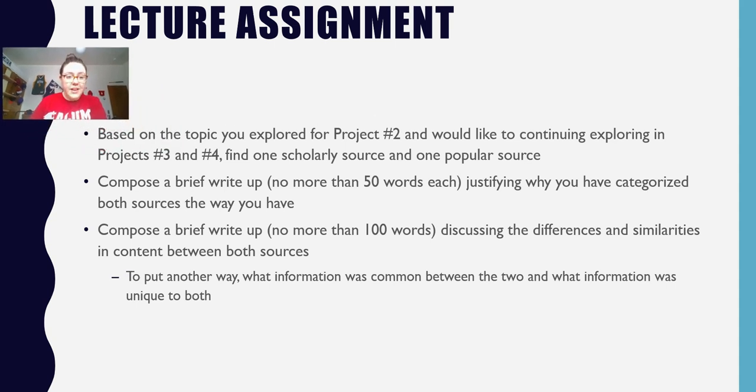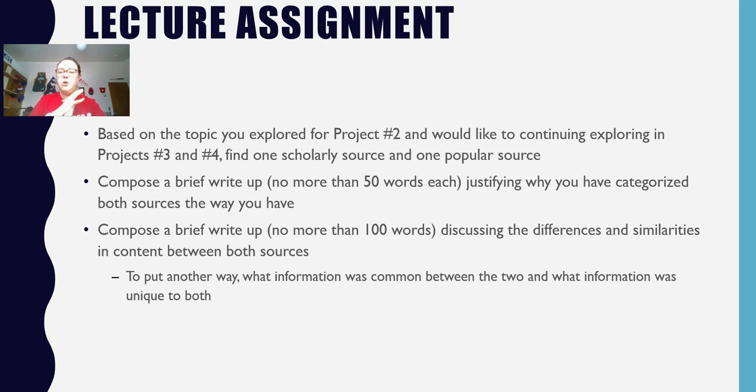So now that we have defined those two, what I would like you to do for the lecture assignment is start to explore and get your feet wet on what a popular source will look like and what a scholarly source will look like for the topic that you're interested in. So, based on the topic you explored for Project 2 and would like to continue exploring in Projects 3 and 4, I want you to find one scholarly source and one popular source regarding your topic.